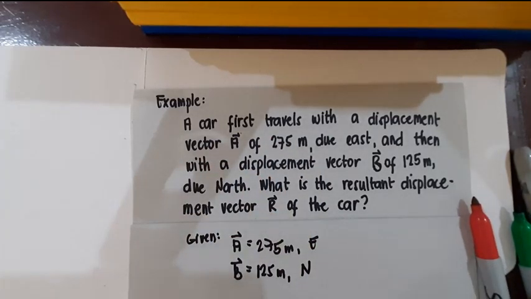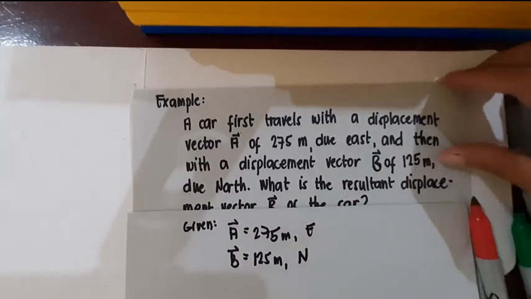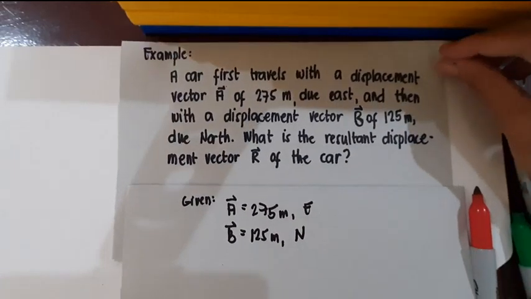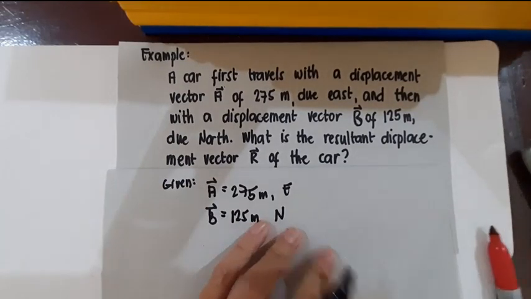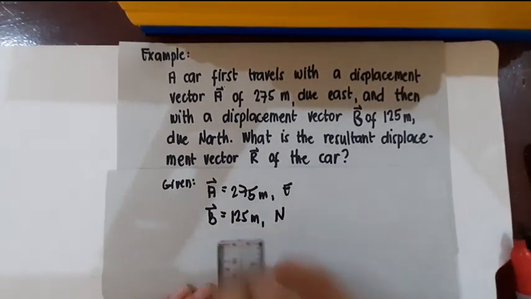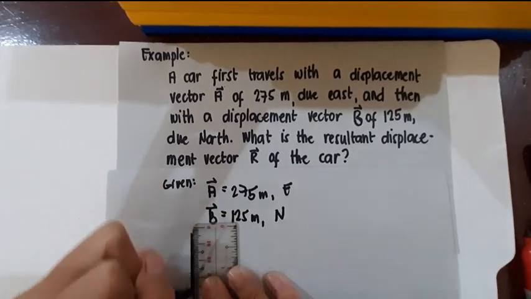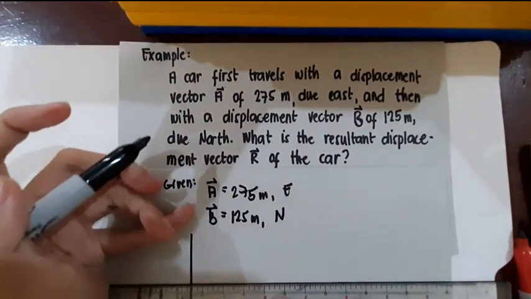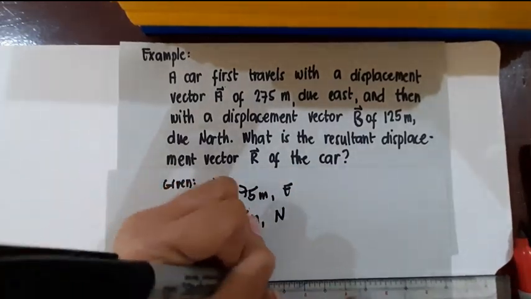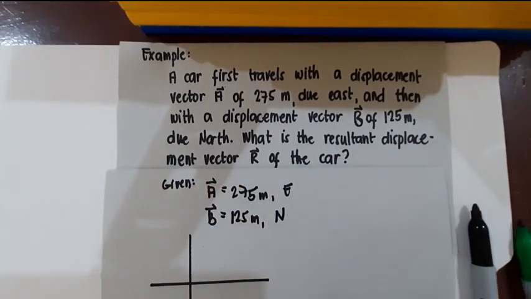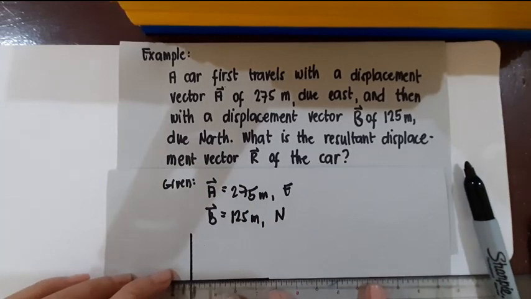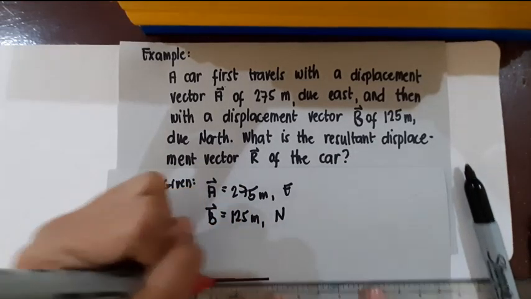Okay, so you try to illustrate first, or you try to draw the problem. Let's have here your Cartesian plane. First, the car moves going to the east. This is your east.